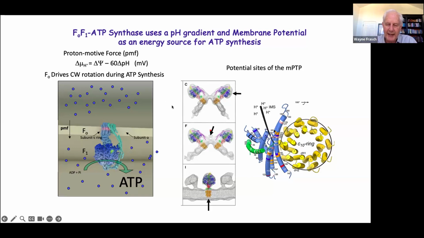I'm not sure I buy the results that they've seen with that. Other people have said it's causing a change in these proteins here that are forming this, and that's causing this to open up. Again, I don't see any evidence for it. In fact, it doesn't seem to form until you start to have ATP synthase monomers.